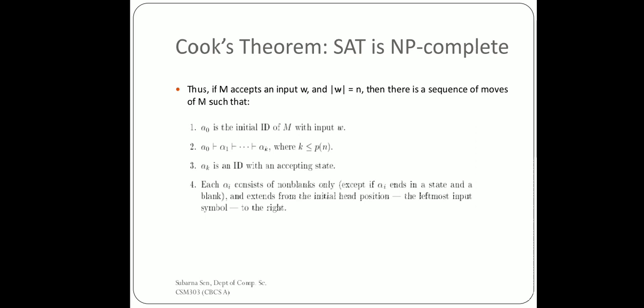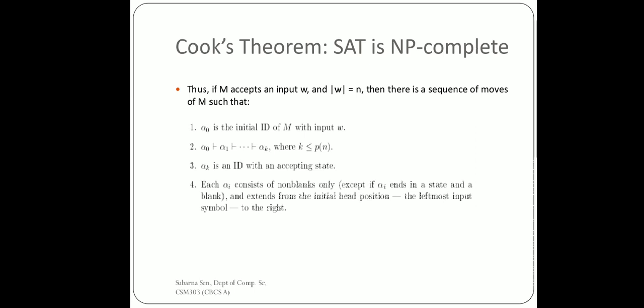It moves to a new state and writes something in place of the original tape symbol, and the direction is mentioned, whether next it is going to move leftwards or rightwards. So we assume alpha naught to be the initial ID of M with input w, because we are processing the input string w. Now this sequence of IDs, alpha naught, alpha 1, up to alpha k, has k less than or equal to p(n), because we are restricting ourselves to traverse up to a maximum of n length.